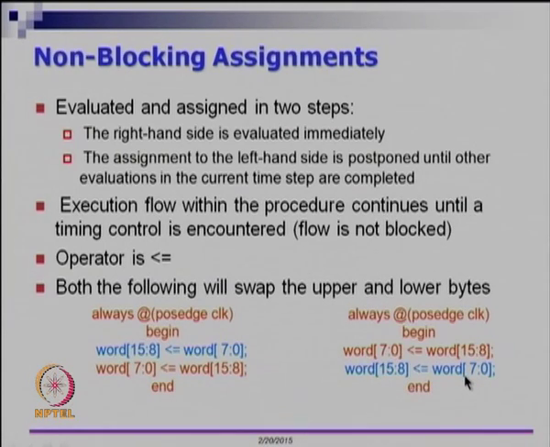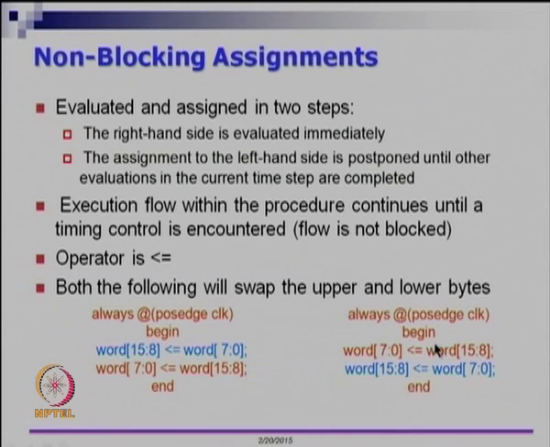Let us see logically what the right side is supposed to do. In this always block on the right side, let us look at the assignment statements inside there. Again both are non-blocking assignments. The way in which non-blocking assignments have to be dealt with is, whenever a clock pulse comes in, I am going to remember 15 colon 8 and 7 colon 0. Once I remember it, I am at the end of the block.